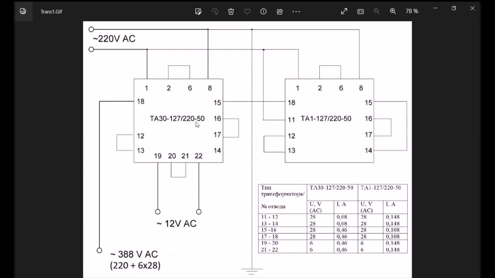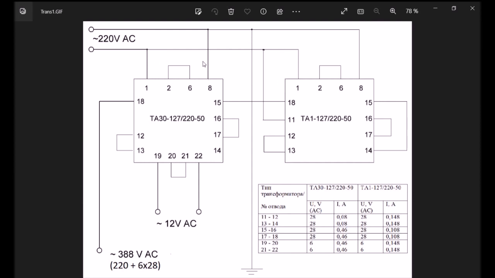This connection, which is shown here in this picture, is for 220 volts. To use it for 127, you should reconnect the primary winding in a way which is shown in the corresponding datasheet. Okay. For 220 volts, pins 2 and 6 are connected in series, and the phase voltage is applied to pins 1 and 8 of the primary winding. Okay.